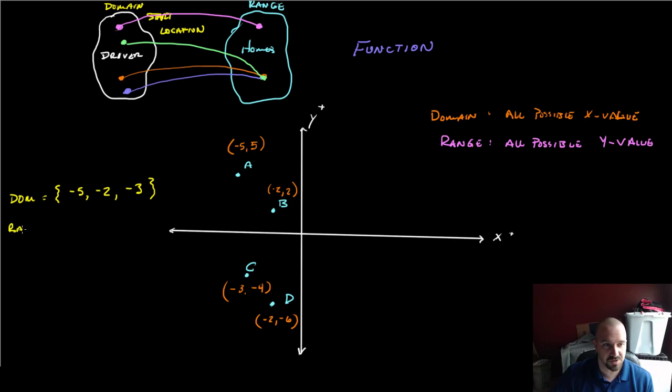The range is the list of all of the y values, and again, they don't need to be in any particular order. So traveling through A, B, C, D: 5, 2, -4, -6. And those are the sets.